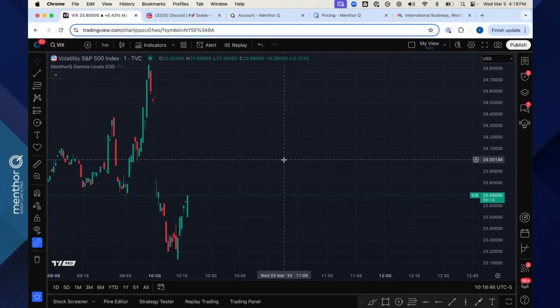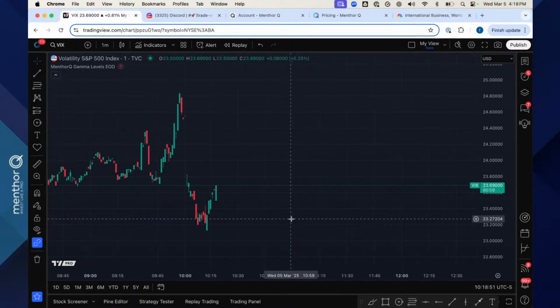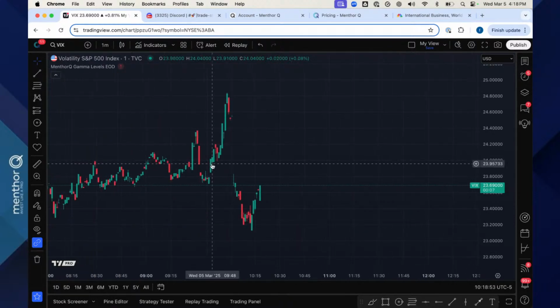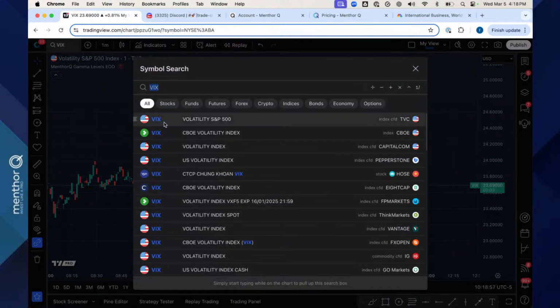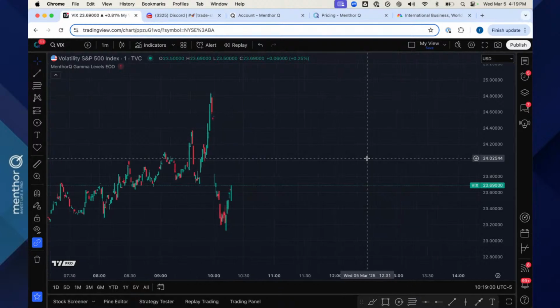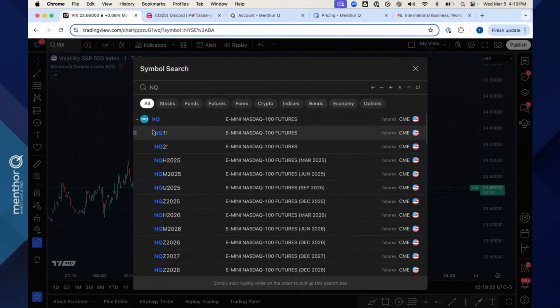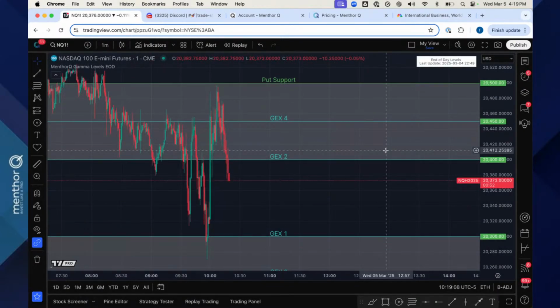Is there a really good setup? Yes, you can go for some points. You can put your stop loss a little bit above, maybe risking 10 points. The VIX is on your side, so the VIX goes at the moment to the upside again. We are above GEX 2, so this is some opportunity that I also really like, and that you can target.